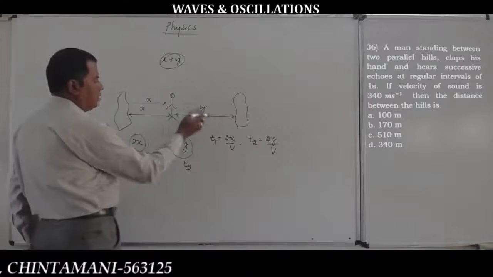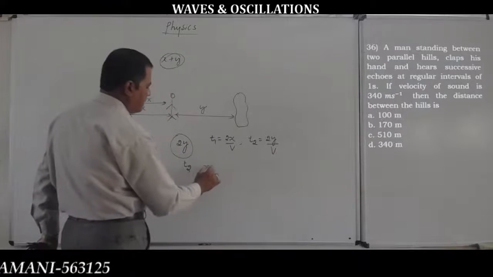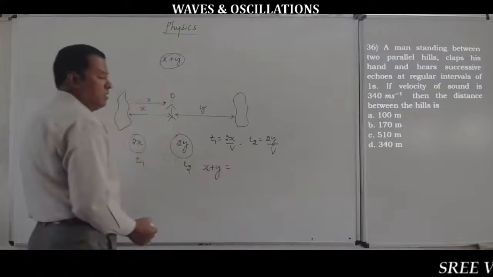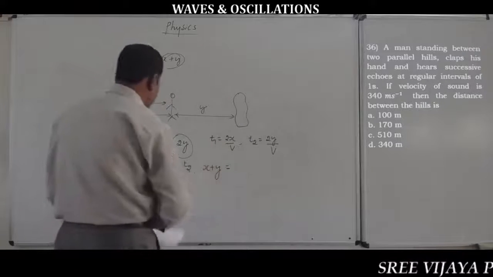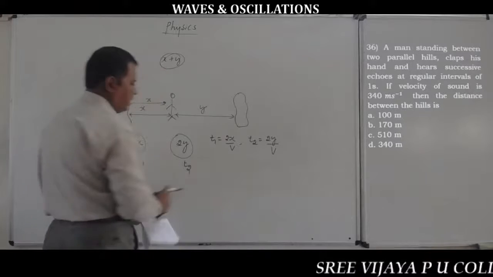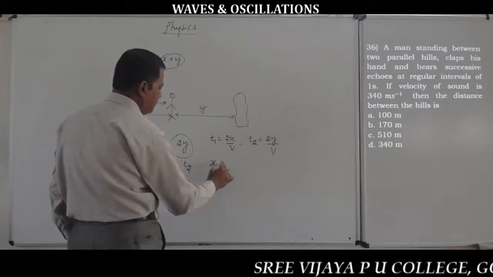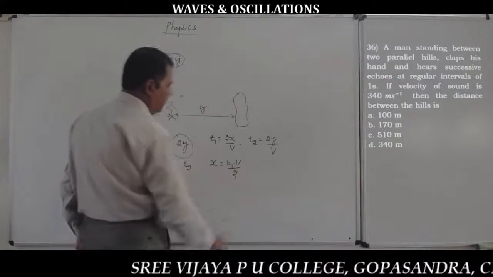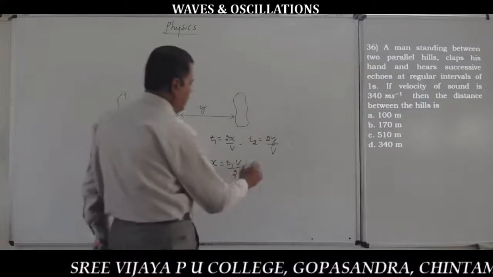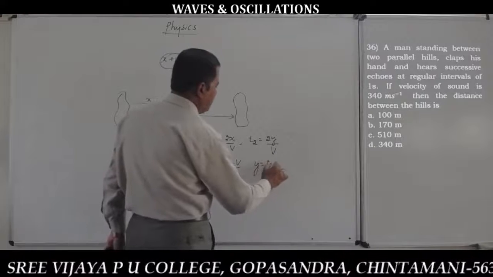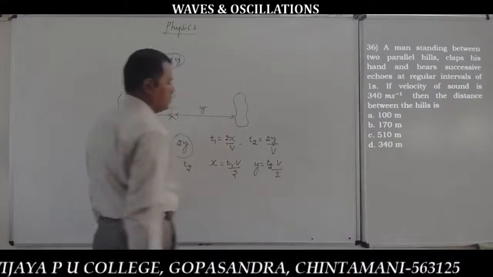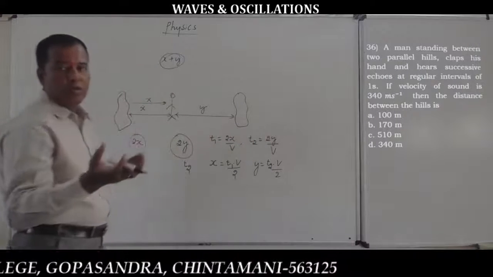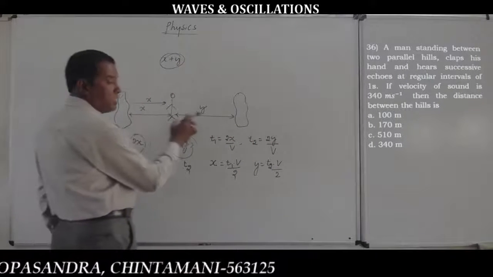Now the distance between the two hills, x plus y, is equal to, from this relation, I can write x as t1 into v by 2, y as t2 into v by 2. So here the total distance is taken as 2x and 2y for perceiving the echo. But the distance between the two hills is x plus y only.